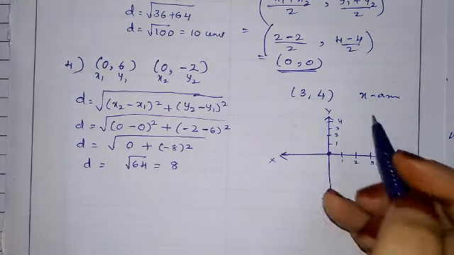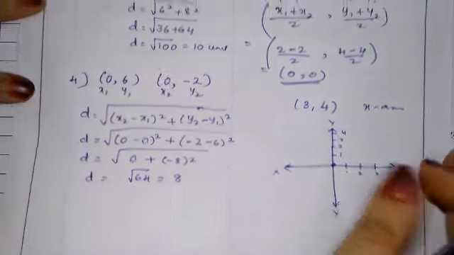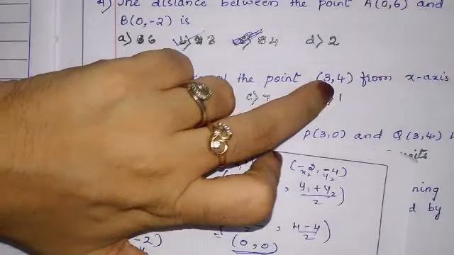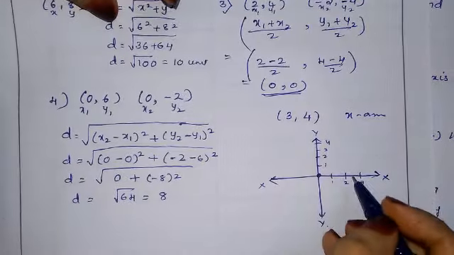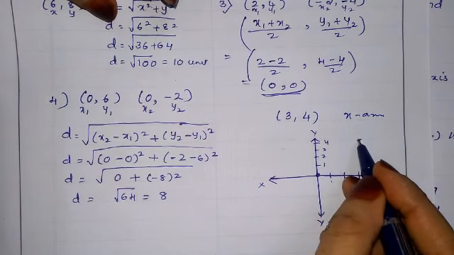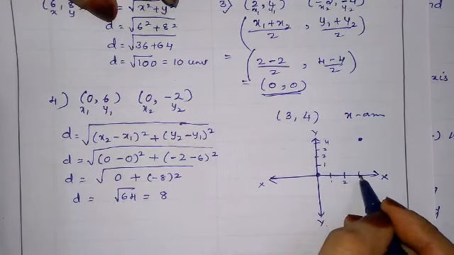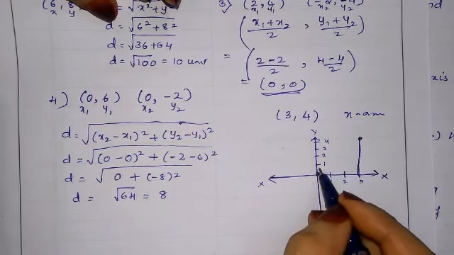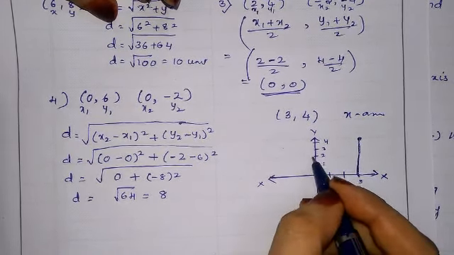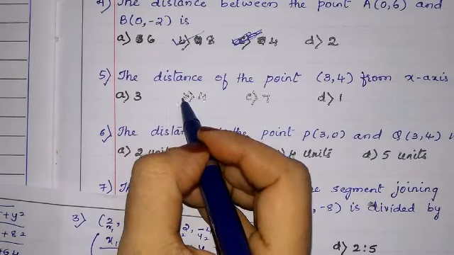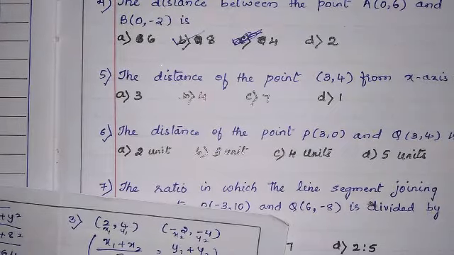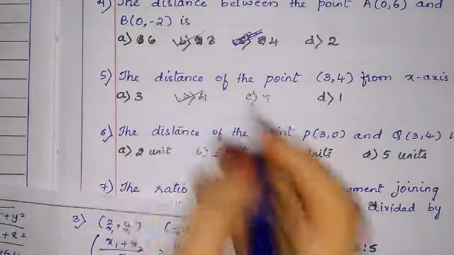Now what they have asked is the distance from x-axis. Properly see, the question is the distance of the point 3, 4 from x-axis. From x-axis, how much distance? 1, 2, 3, 4 units. So the answer is 4. B, 4 is the correct answer.